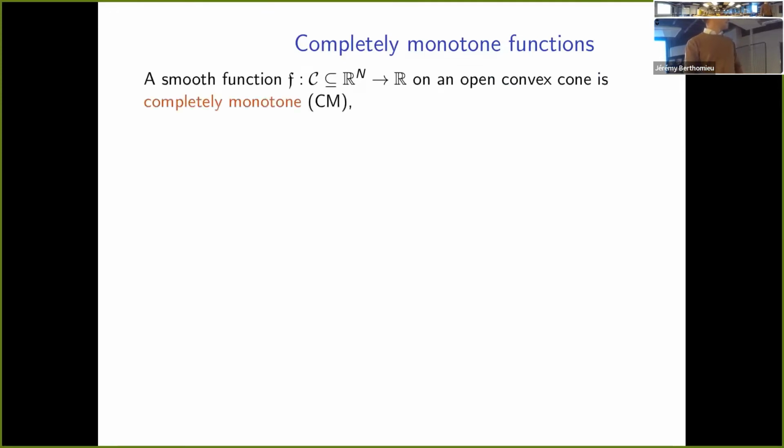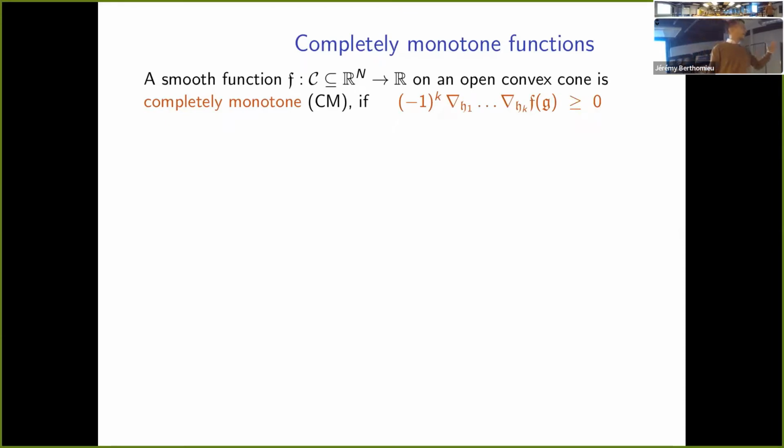Okay, and now we would like to go further beyond convexity and talk about a slightly stricter notion that is maybe not as popular as convexity, but still appears sometimes in different contexts. So I will call a smooth function f on any open convex cone C completely monotone if the following condition holds.